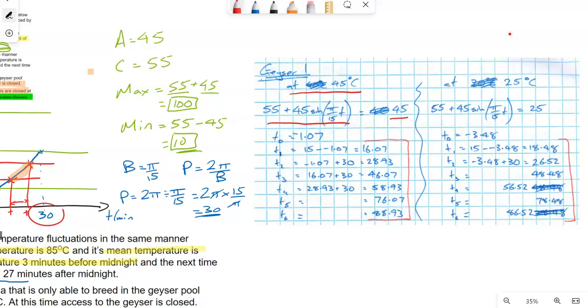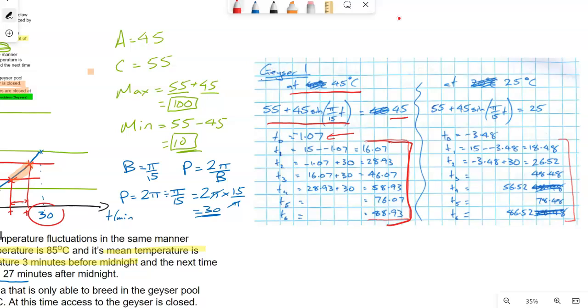Now, if I wasn't using Desmos, if I was solving it algebraically, I would get this one first, and then I would have to figure it out. But if we're just using Desmos, we're just going to straight away get these times. So we've got all of those times. Easy. There's the first time, there's the second time, the third time, continuing on.